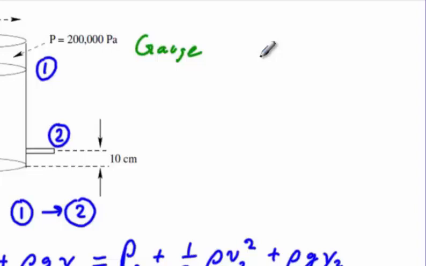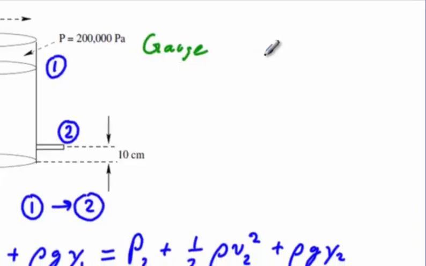If we choose to do this problem in gauge pressures, then location 1 will have a gauge pressure of 200,000 and location 2 will have a gauge pressure of 0. If we choose to do the problem in absolute pressures, then location 1 will have a 300,000 pascal absolute pressure and location 2 will have a 100,000 pascal absolute pressure.